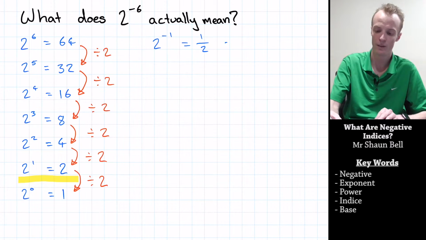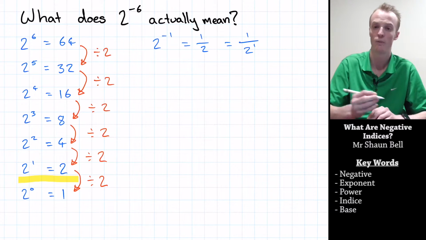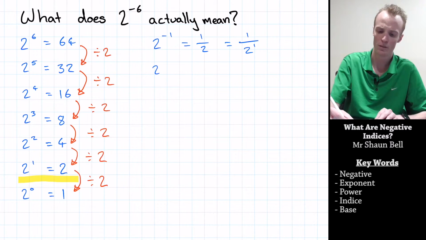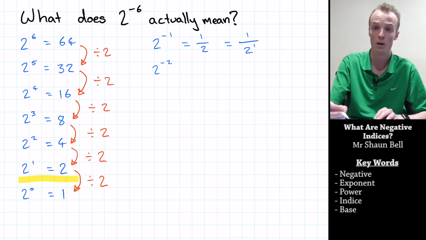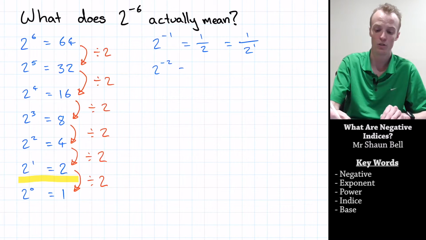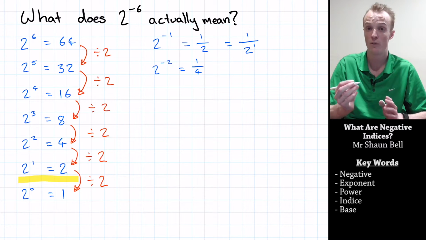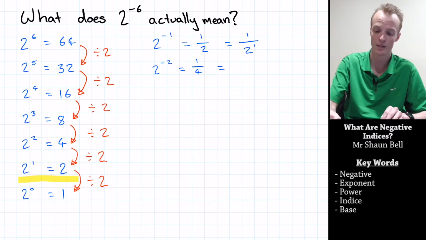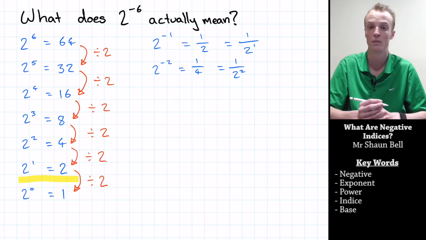So this is also equal to 1 over 2 to the power of 1. If we continued to 2 to the power of negative 2, well, we would have to halve a half, which would be equal to 1 over 4. But we know 4 is equal to 2 to the power of 2. So this is the same as saying 1 over 2 to the power of 2.